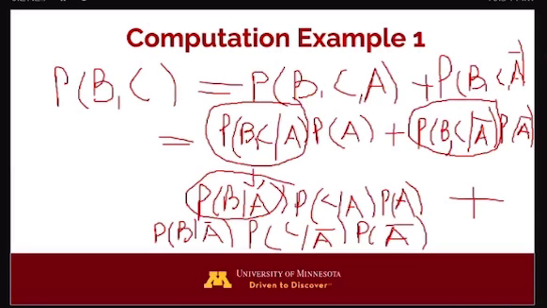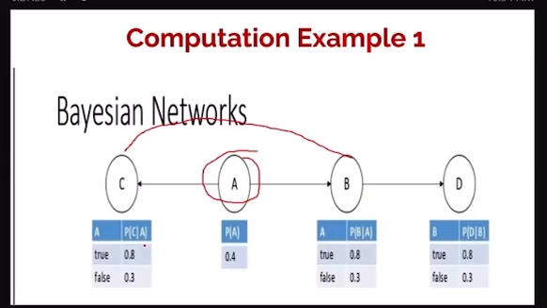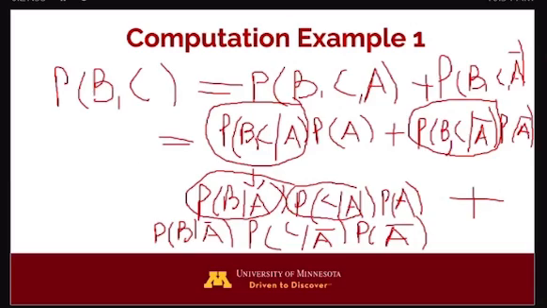Then C given A is also in the graph, 0.8. Then you just plug them in, with the probability of A, and you can get all of these. If you put all of those values in, and you want to know whether you're right, your final answer should be 0.31. That should be your final answer.